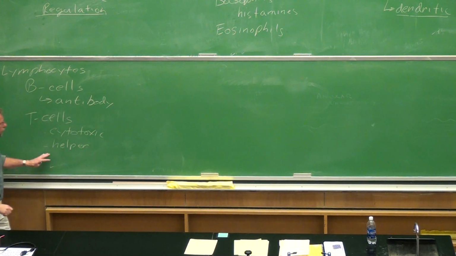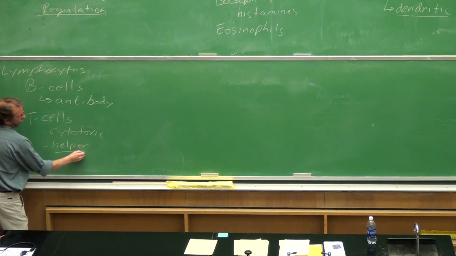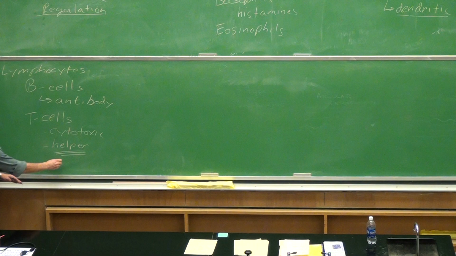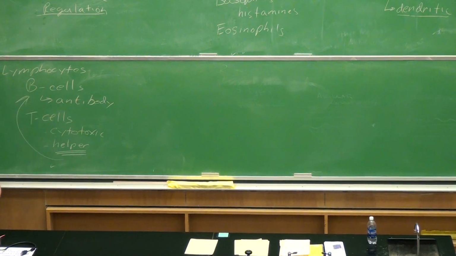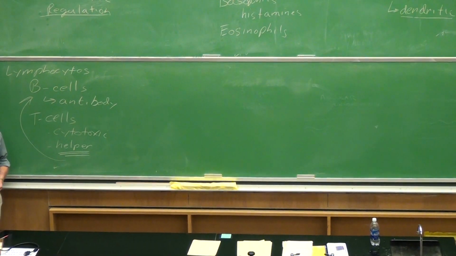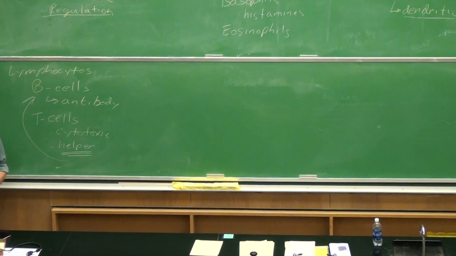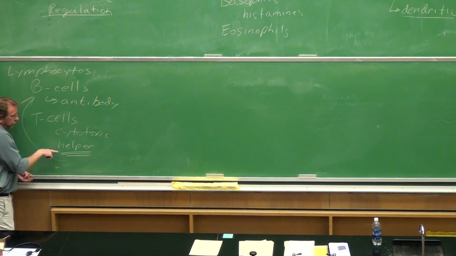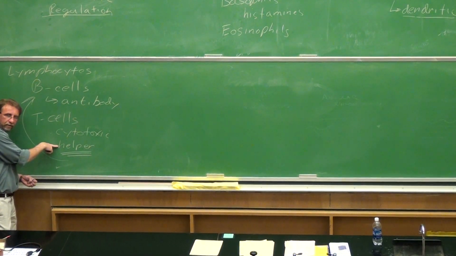And other T cells are helper T cells. These actually are the most important T cells, if you will, of the immune system because they regulate what the B cells do, whether the B cells are going to be producing antibodies or not. Turns out it's the T helper cell that the AIDS virus targets.